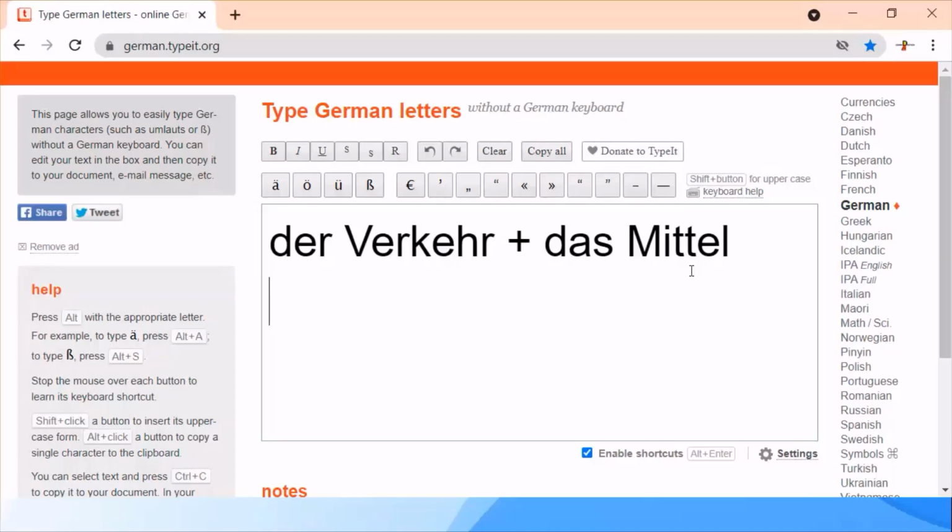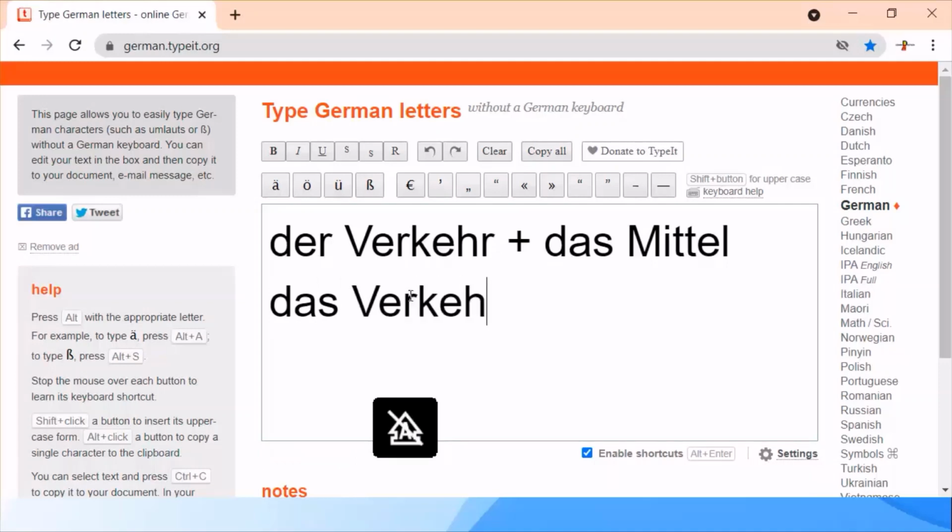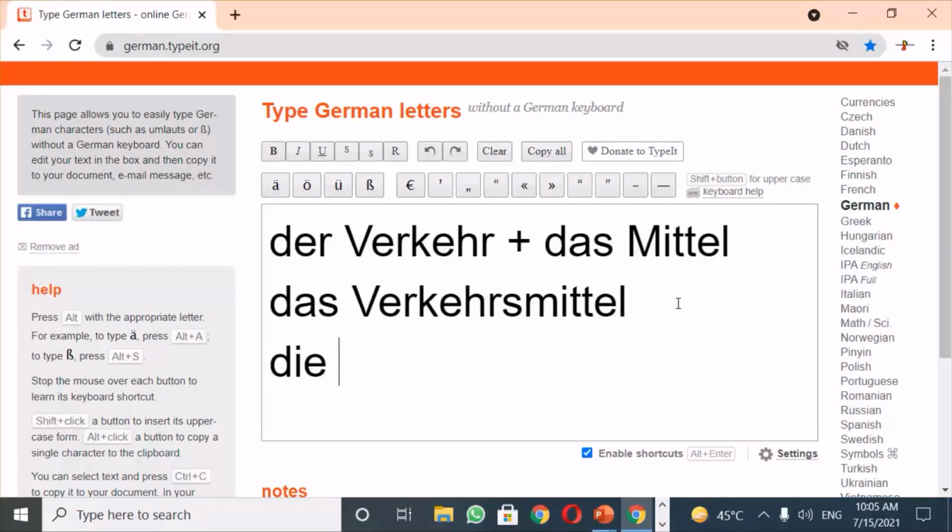So that is why the article for the compound noun becomes das Verkehrsmittel. In plural, it becomes die Verkehrsmittel. So the noun does not change in its form. It remains like this.